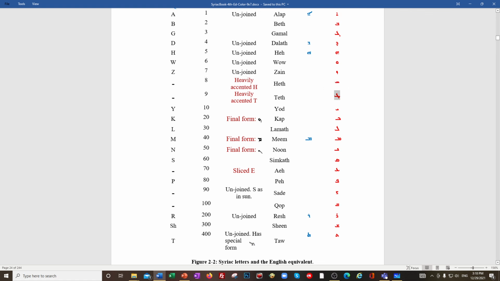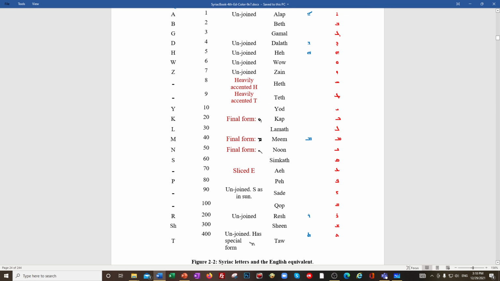Tayth, heavy accent T, numeric value 9. I have nothing in English of that sound. Yoth, numeric value is 10, Y in English.